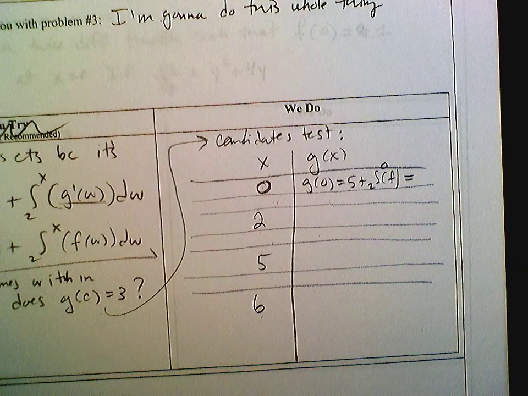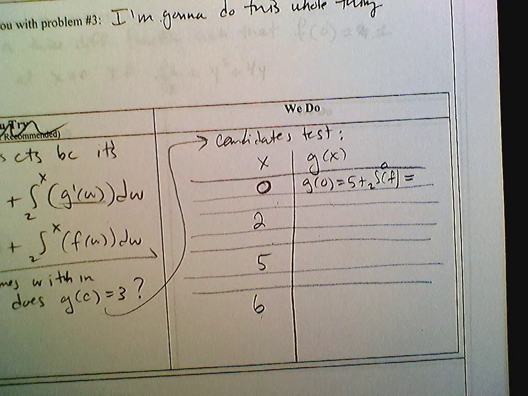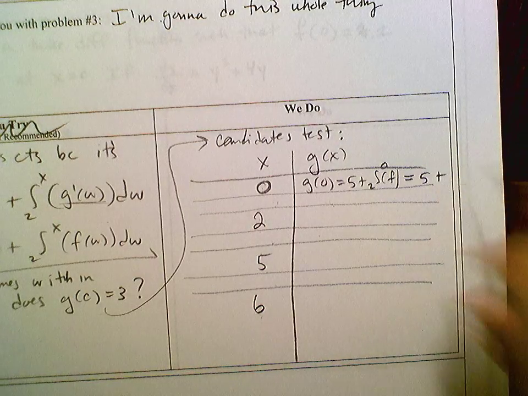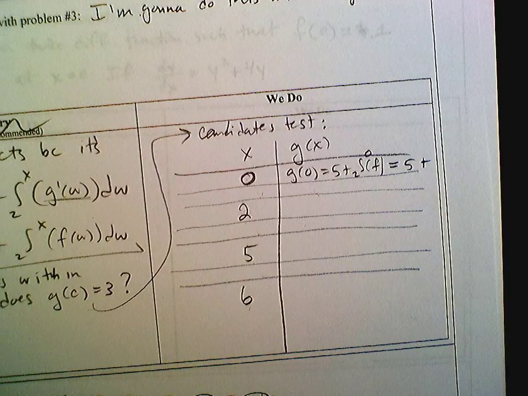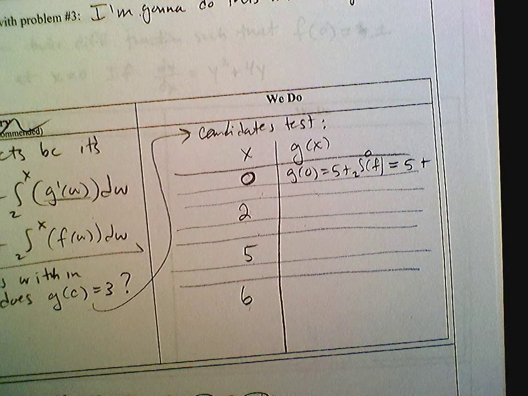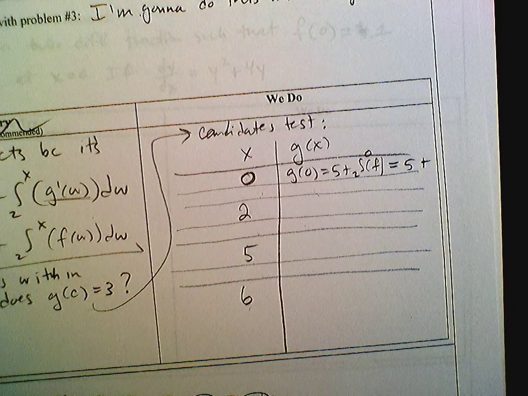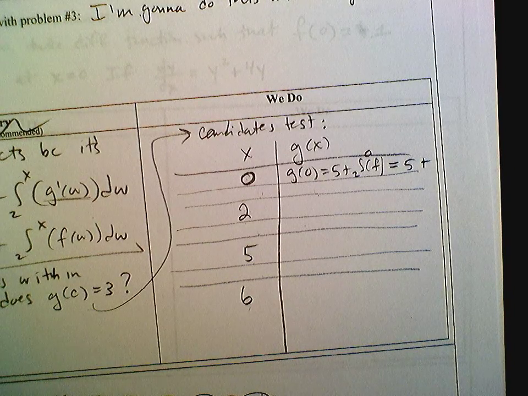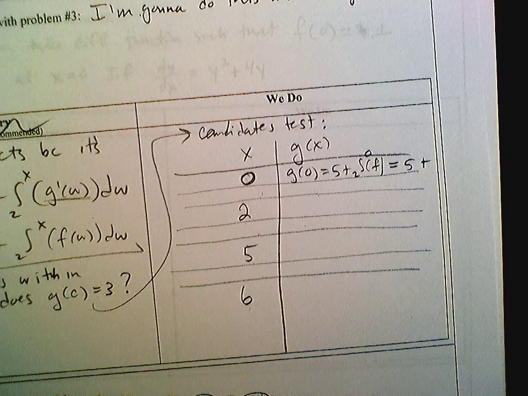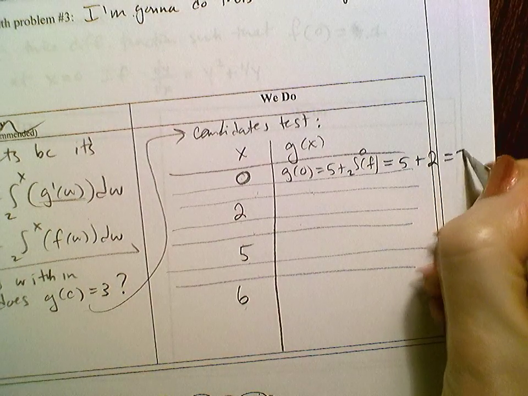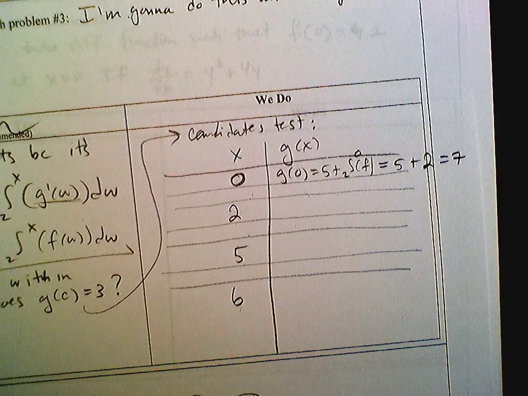Well, guys, I'm not showing it to you, but you should be looking at your paper. So this is going to be 5 plus the integral from 2 to 0, that's a backwards interval, so that's going to be a negative number. And it's a triangle, so it's 1/2 base times height, so it's 1/2 times 2 times 2, so it's just 2. So it's 7, all right?